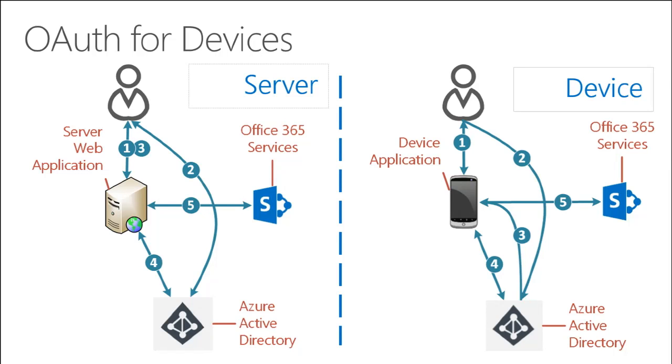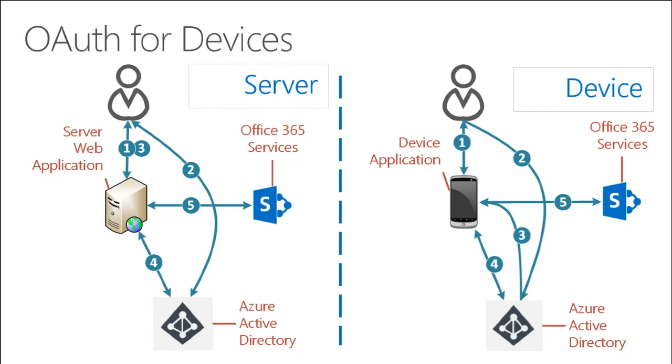And so on the other side here, the change is in step 3. Instead of the code going back to the user and then the user delivering it to the web application, we've got the device app intercepting that authorization code somehow. And that's the trick to all of these Azure libraries. You can go through it. It's open source, the Azure Authentication Library for Android.